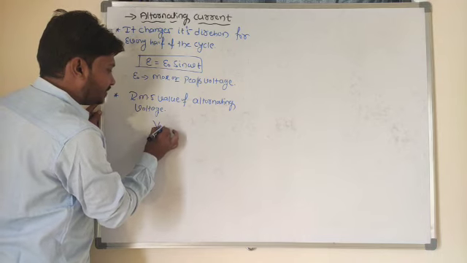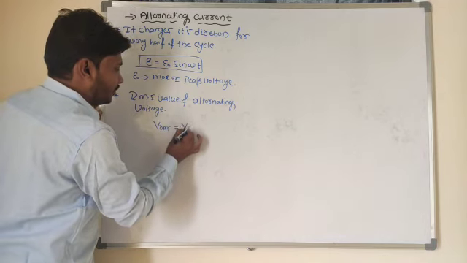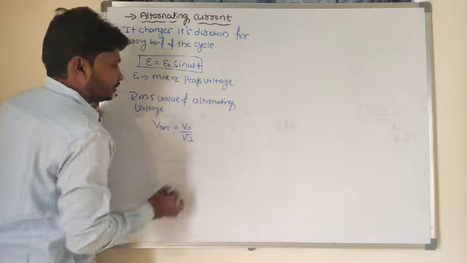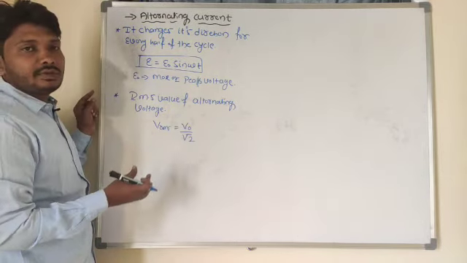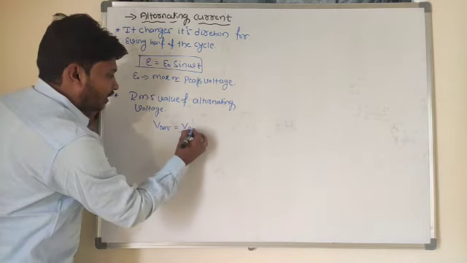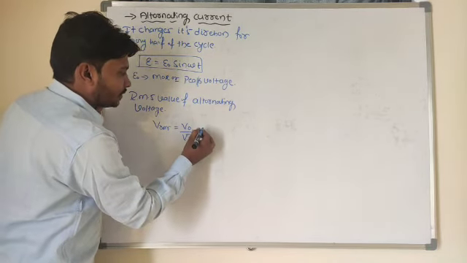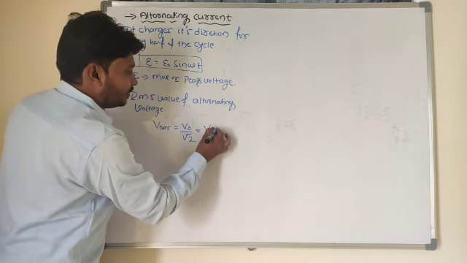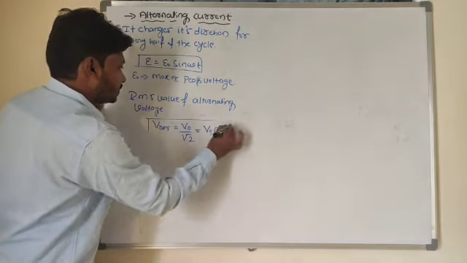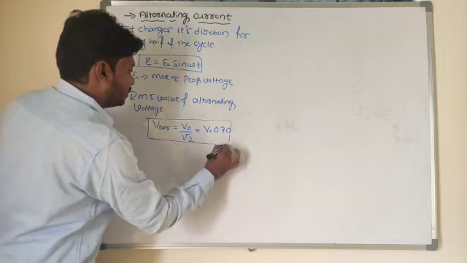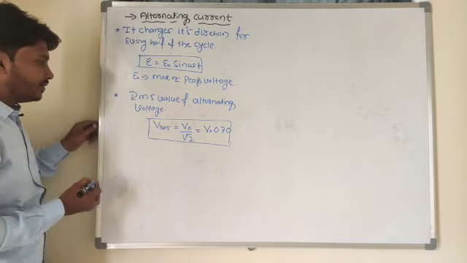V RMS is equal to V naught divided by root 2, where V naught means peak value or maximum value and V RMS means root mean square value. 1 by root 2 is 0.707, so V RMS is V naught times 0.70. This is the expression for the root mean square value of alternating voltage.